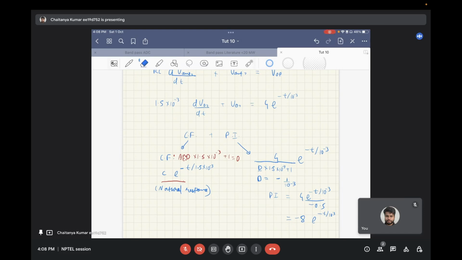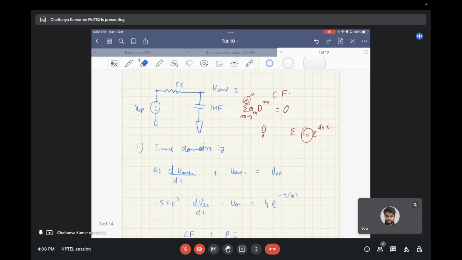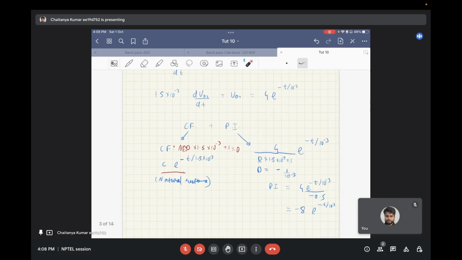Now this is the forced response of the system. This response depends on what input you are providing, because for this particular system, the input is an exponential with a time constant of 10 to the power minus 3. So the particular integral has a time constant of 10 to the power minus 3.